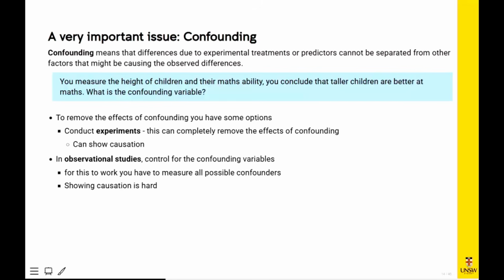So you have to think very hard about what could be a confounding variable and the relationships amongst those possible confounders and your exposure and outcomes, and construct a statistical model really well. It's hard. It's hard to remove the effects of confounding in observational studies.